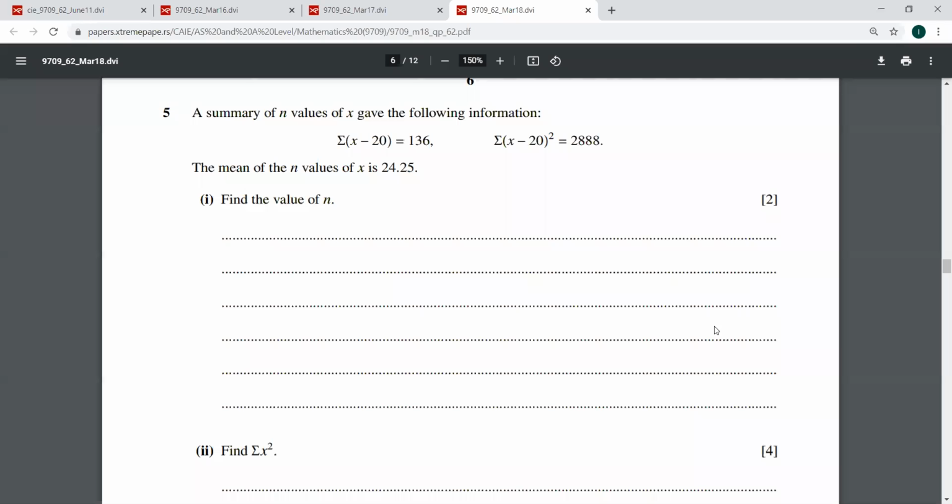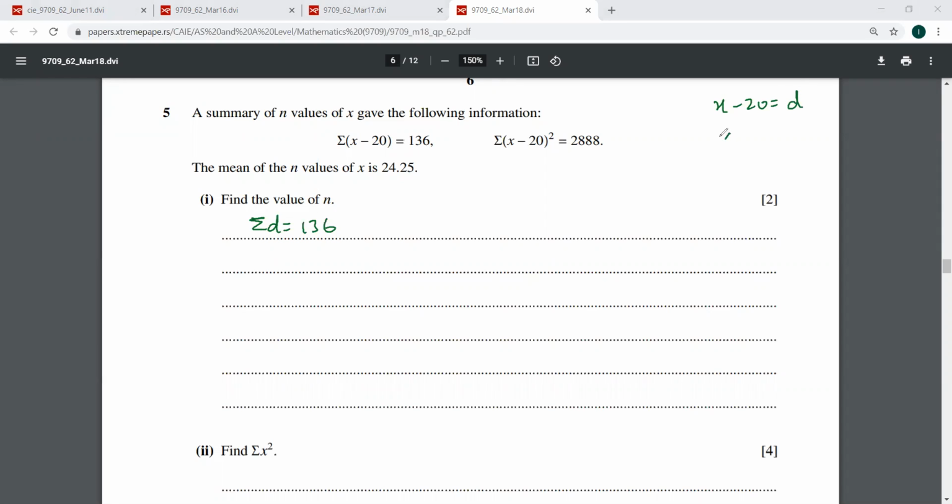I hope you people have tried this. You have your pen and pencil with you, your copy with you. He says a summary of n values of x gave the following information: sigma (x minus 20) is equal to 136. So I will be noting it down that sigma d is equal to 136, as I know here that x minus 20 is going to be my d.